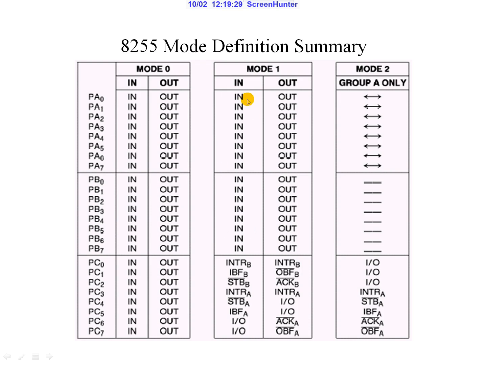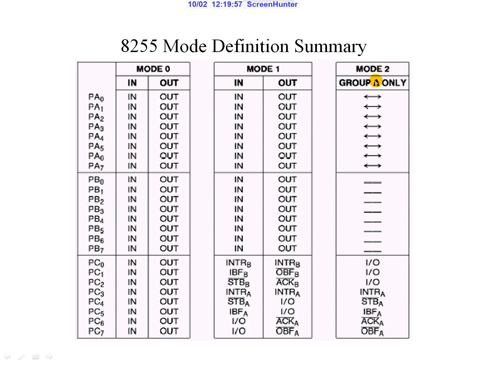In mode 1, you will have port A and port B as either an input or an output, but port C is going to be used for the handshake signals. So what are the handshake signals? They are interrupt request, input buffer full or output buffer full. Here it is given as output buffer full, acknowledgement and strobe.